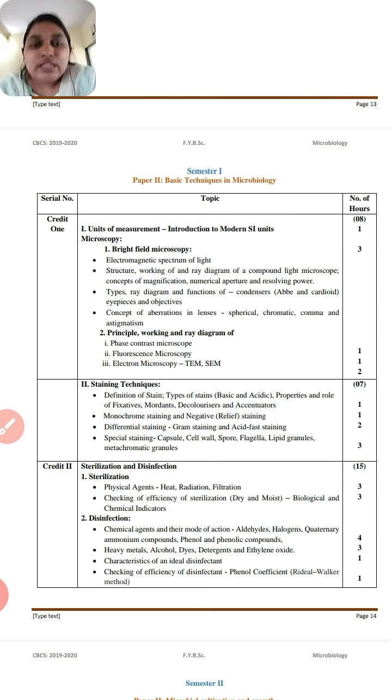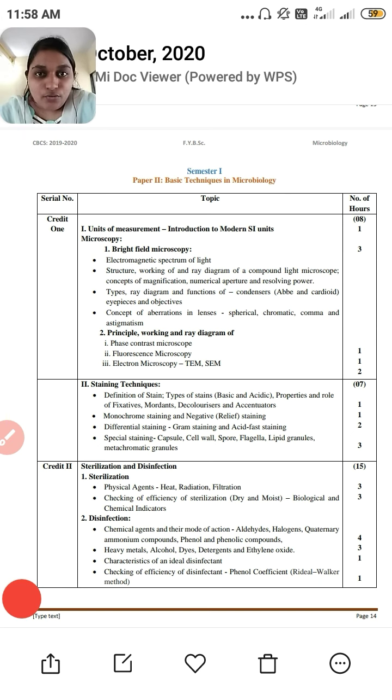So there are three different agents of sterilization in terms of physical agents: heat, radiation, filtration. In heat we have the autoclave, and the second one is the hot air oven. In the heat type of agents we use heat particularly to kill the microorganisms.